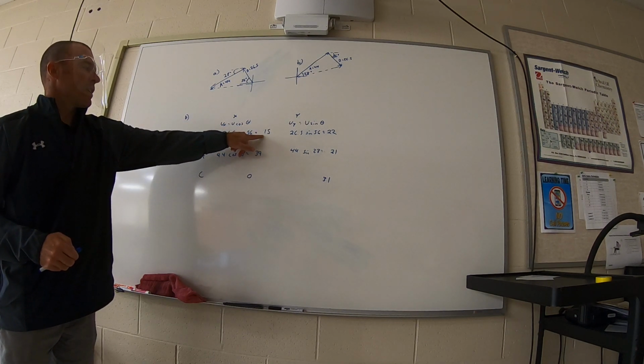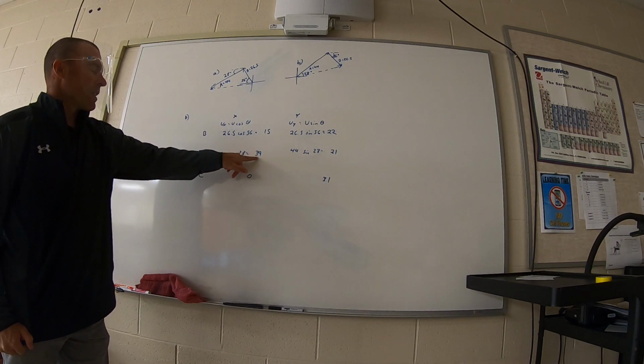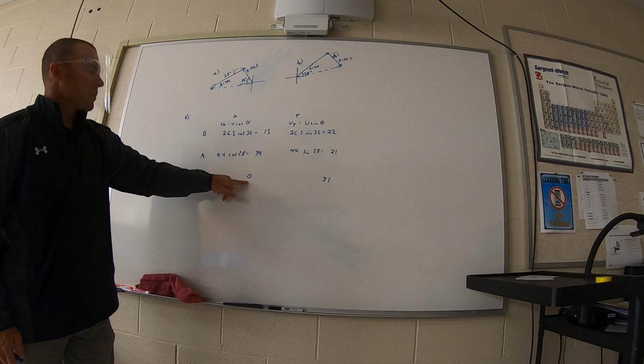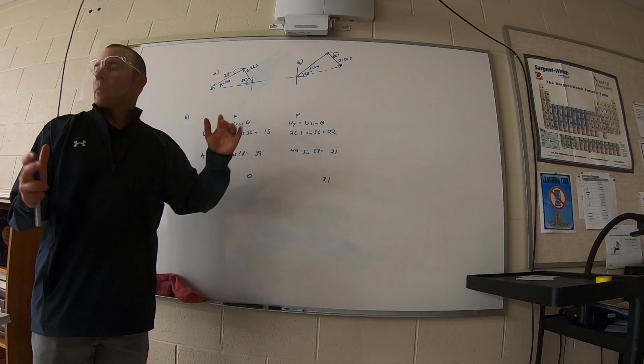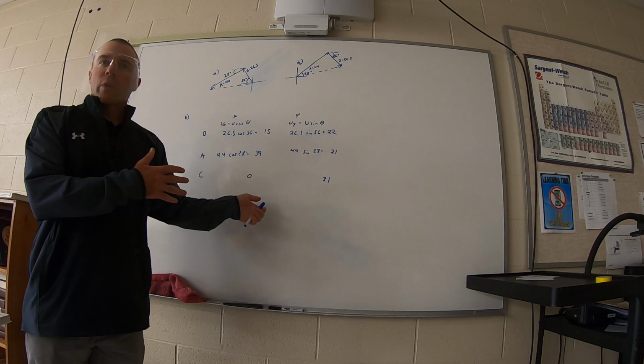B is plus or minus 15 in the X, plus or minus 22 in the Y. A is plus or minus 39 in the X, plus or minus 21 in the Y. C is 0 in the X, plus or minus 31 in the Y, depending on whether it's a positive sign or a negative sign. So let's just use those as we go all the way through it.